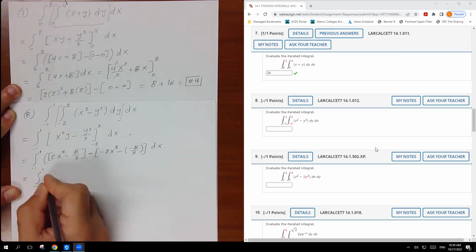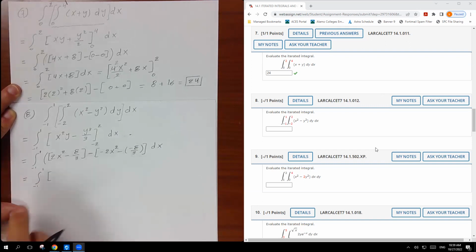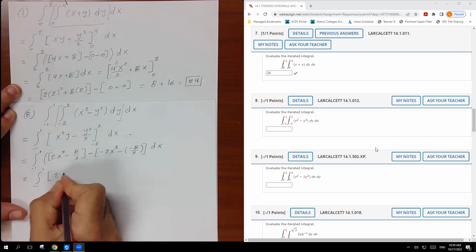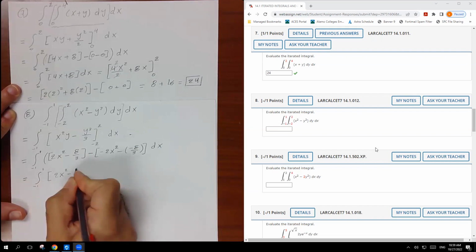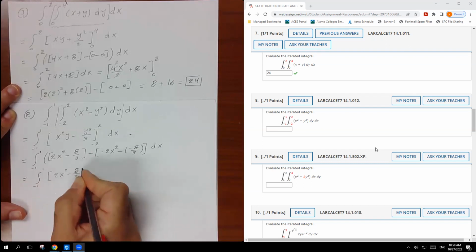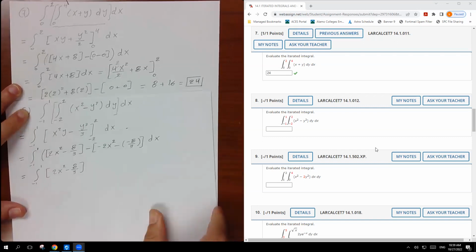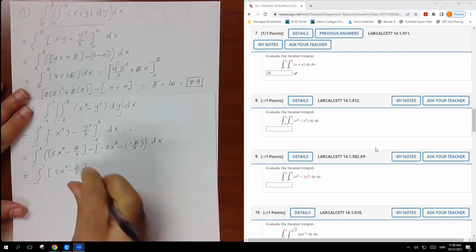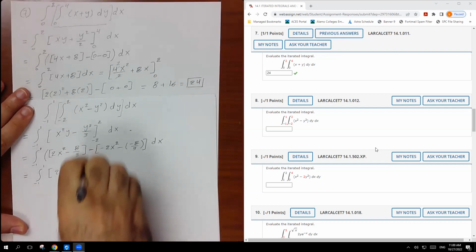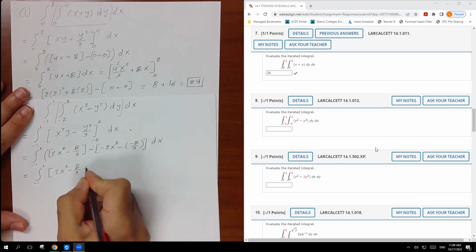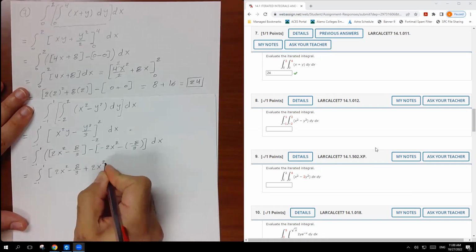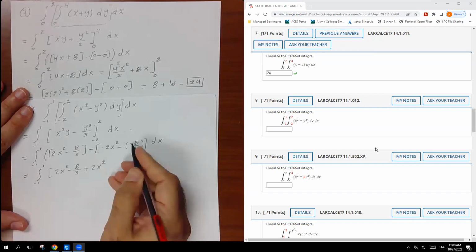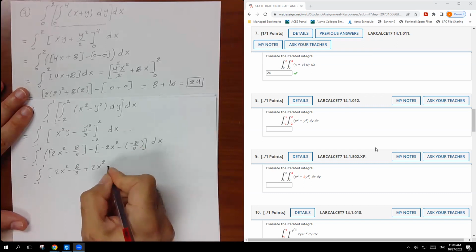Let's simplify this one. Integral from -1 to 1. This side is going to be 2x squared minus 8 over 3. I'm going to distribute right away so I can combine the like terms. So this one is going to be plus 2x squared. And here is a plus. With this one is going to be minus.